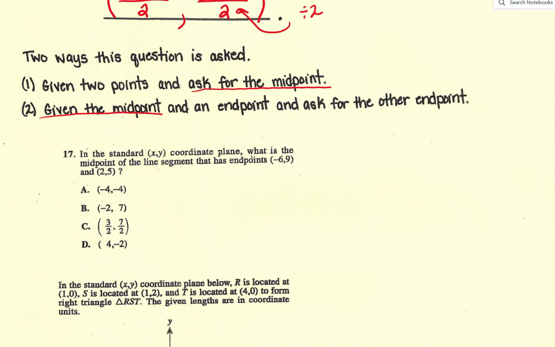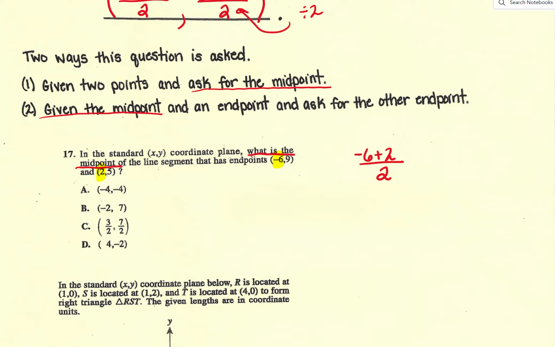Look at number 17. It says, what is the midpoint? So this is one where they're asking for the actual midpoint. So what we're going to do, we said we're going to take the two x coordinates and add those up. So that would be -6 plus 2, add them up and take half.